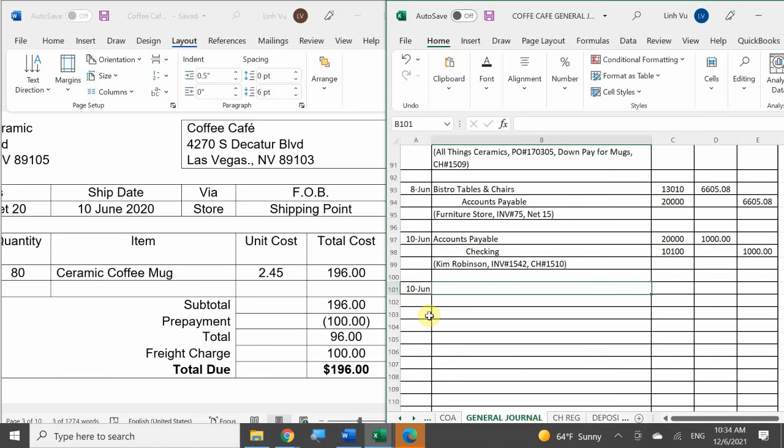Debit ceramic mugs inventory and credit prepaid and accounts. Now in this case, this is periodic inventory. What do we always recognize periodic inventory as?